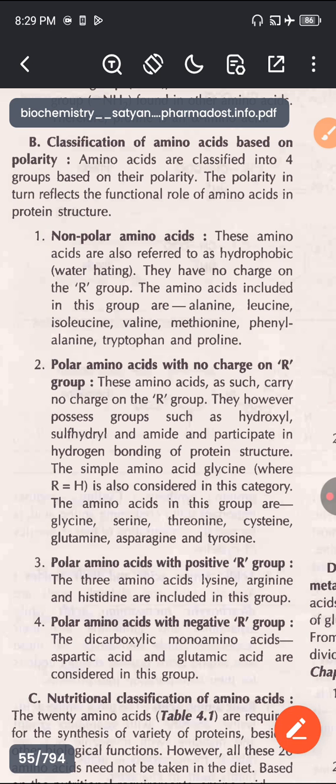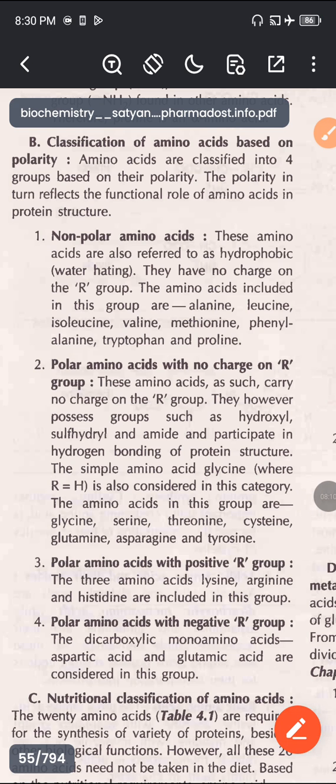Then the second one, we have polar amino acids. That's amino acids with no charge on their R group. We are going to see the importance of the charge of amino acids when we come to amino acids that have a charged side chain.